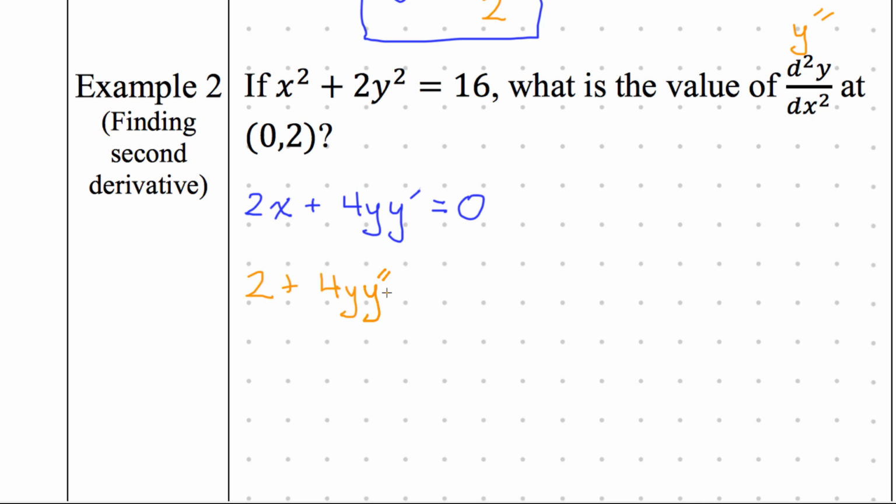That's 1d2 plus 2d1. The derivative of the first is y prime times 4, so it'd be 4y prime. Then it's 4 y prime times y prime, so 4y prime squared.